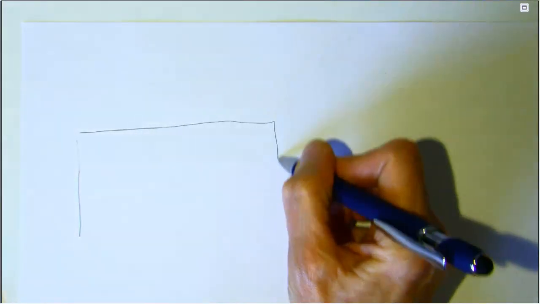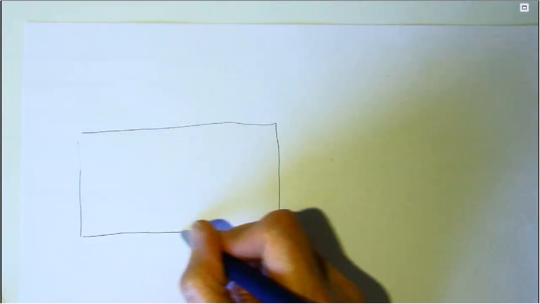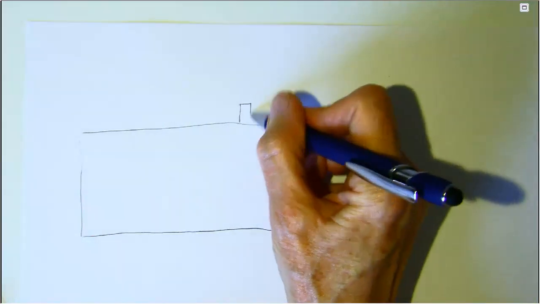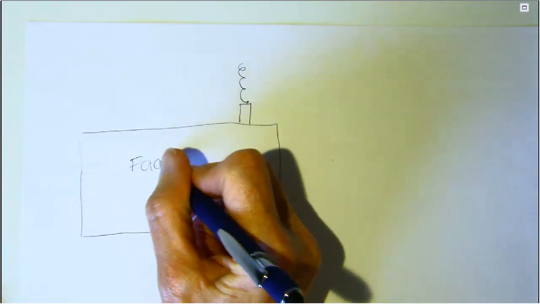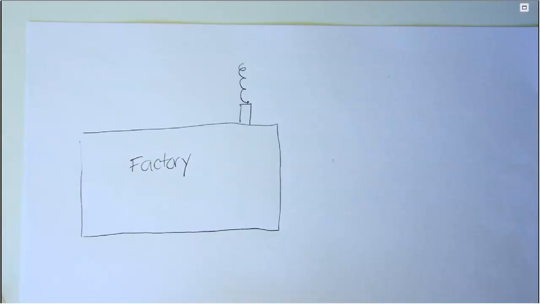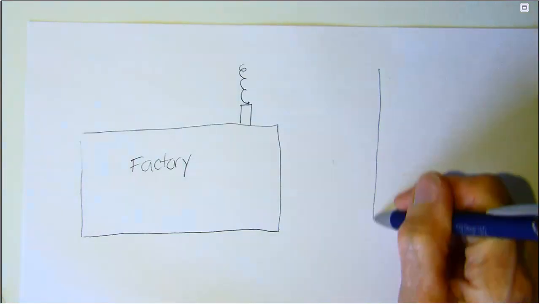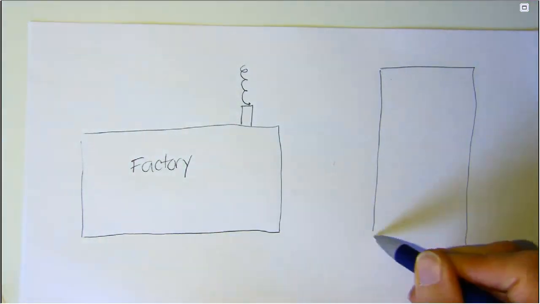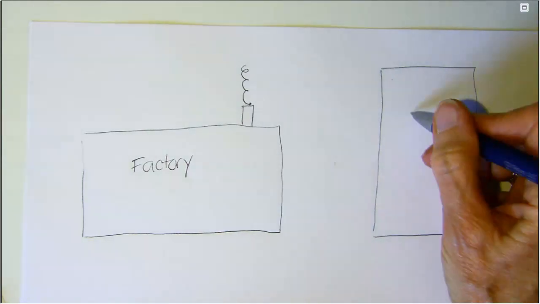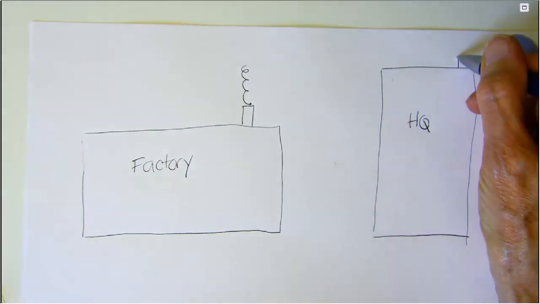And again, I warned you already, this is not my expertise here. Okay, so we'll call that factory. And here's another building. We'll call this the headquarters. This is where you administer the company, run the company. We'll call it HQ here for headquarters.